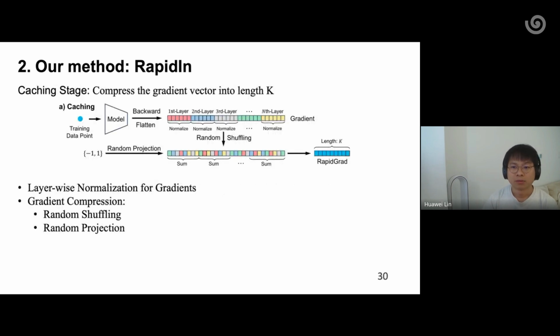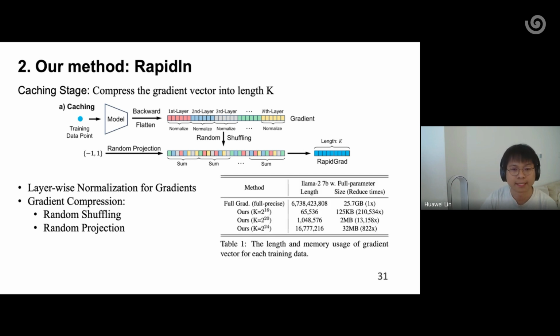So now I will share more detail about our caching stage. The caching stage aims to compress the gradient vector into length k. As shown in this figure, after we do the backward pass to get the gradient vector, we do a layer normalization, and then compress the vector by random shuffling and random projection to get a RapidGrad, a vector of length k.